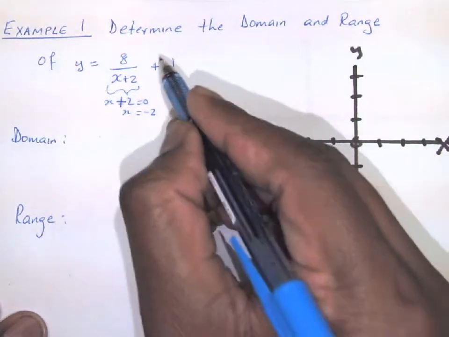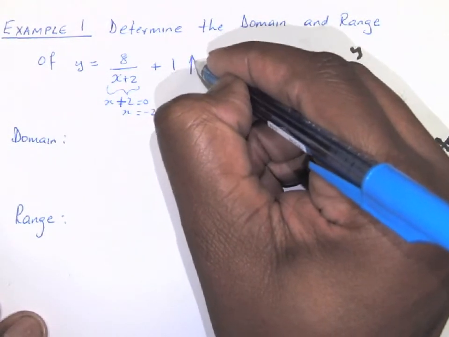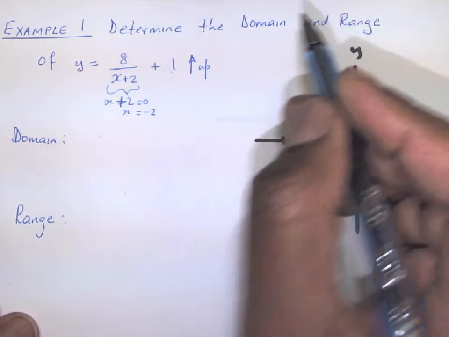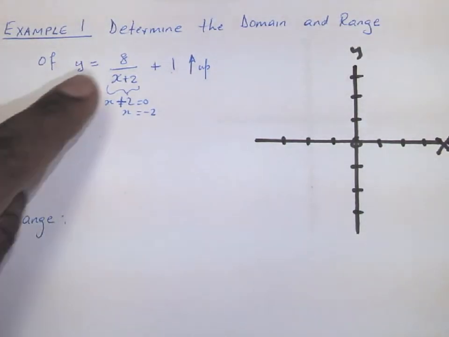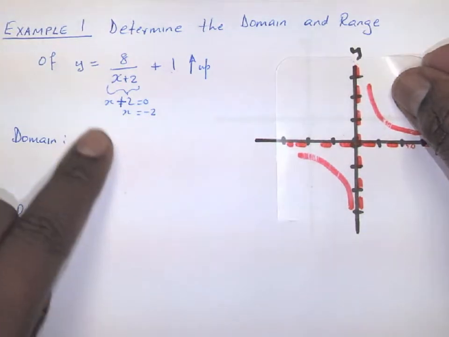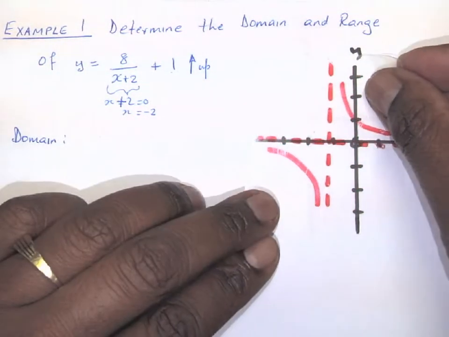Now, this one here says plus 1. It means that the graph has moved up 1 unit because it's a plus 1. Now let's check. Remember that if a was positive, the graph will look like this. Now when you say the graph shifted 2 units to the left, it went to the left 2 units.